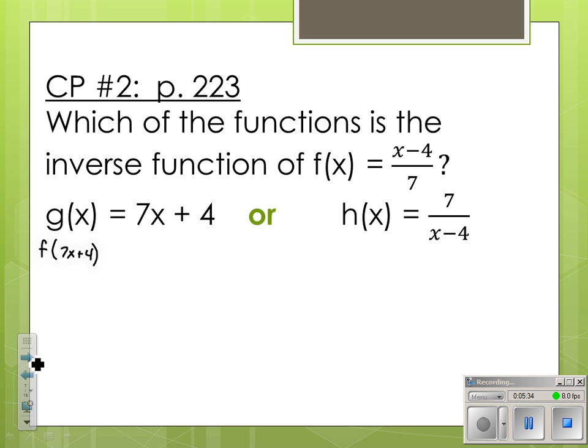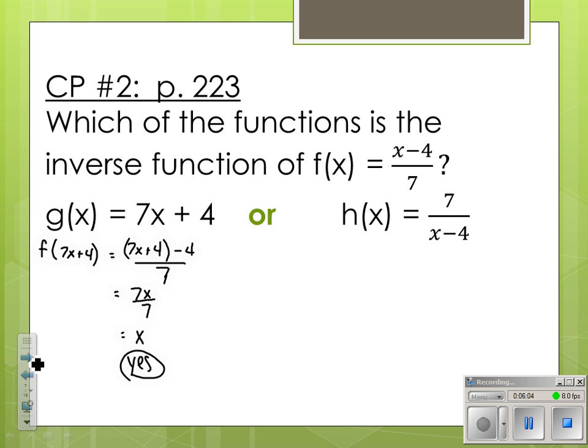So we do f of 7x plus 4, and that is going to look like 7x plus 4 plugged in minus 4 over 7 in that f of x original function. All right, so let's simplify. The top becomes 7x plus 0, or 7x, over 7. We get x. So that's looking pretty good.